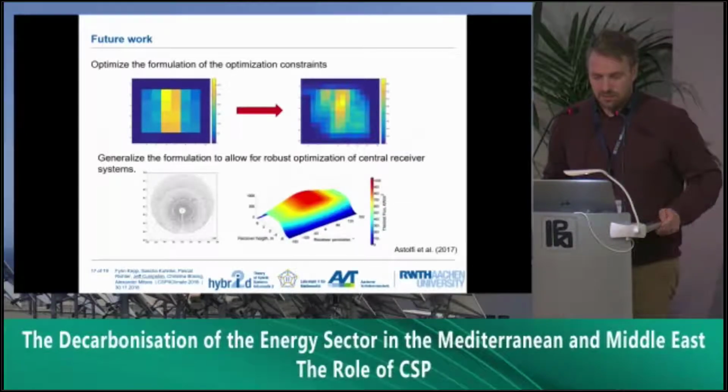And we would also subsequently like to generalize the formulation to allow for robust optimization of central receiver systems, which are of course much more topical these days. Here we see an optimization of aim points on a central receiver system that was performed using an optimization heuristic, and we'd like to extend that to include robustness and also to try to find the globally optimal solution.